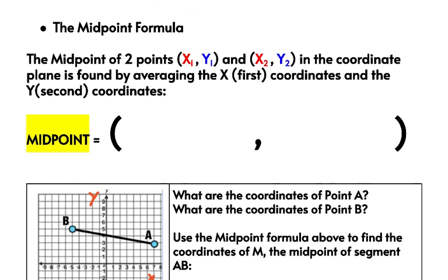Definitely note card worthy. So we've got 2 points that we're going to just generically call our first x, or x sub 1, our first y, y sub 1, and x sub 2, y sub 2. Those are our 2 points. Now that might seem kind of confusing because you might say, well, I don't get what those points are.